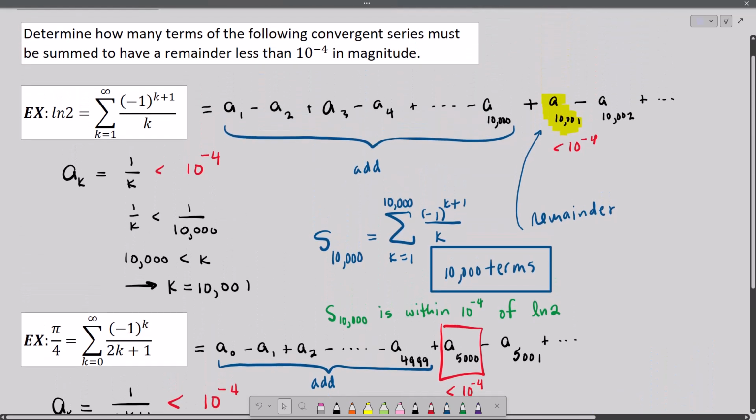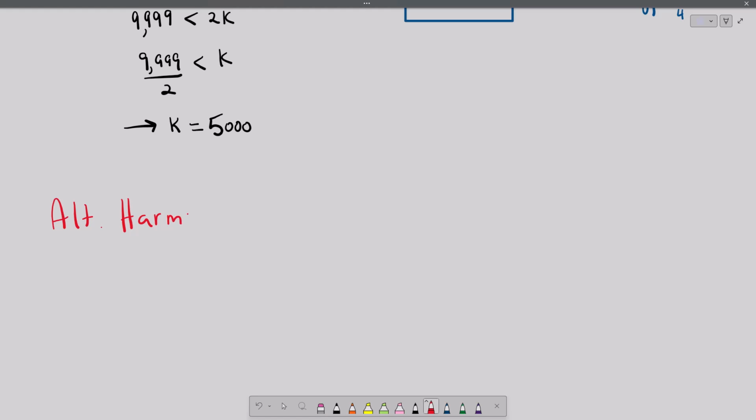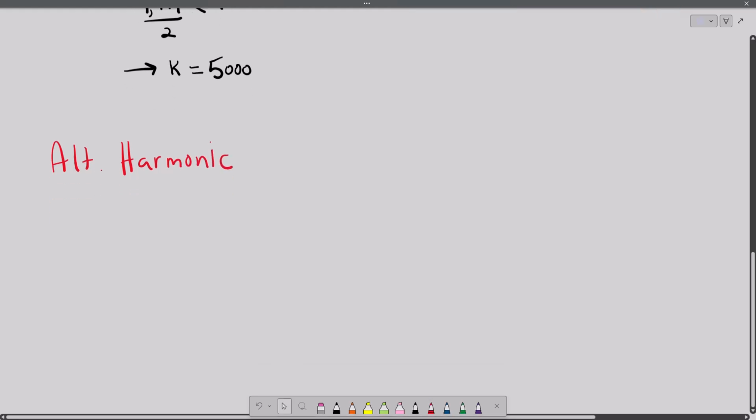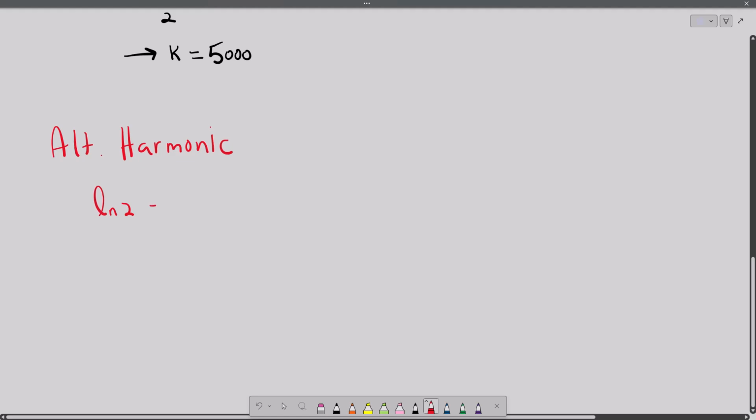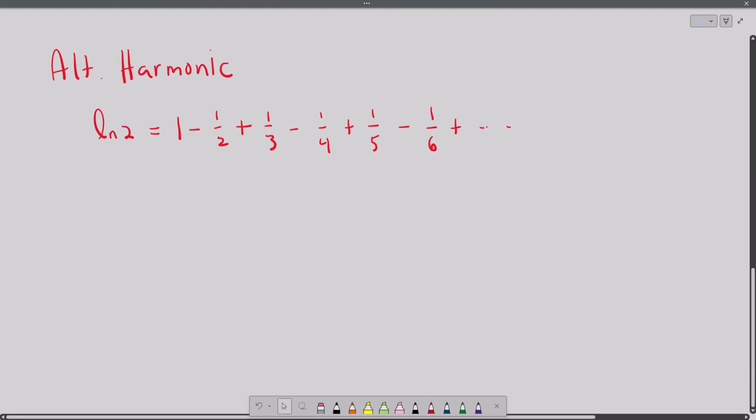Now, this is the alternating harmonic right here. Let's put some words to this just to make sure we're getting it. So the alternating harmonic, natural log of 2, is equal to 1 minus a half plus a third minus a fourth plus a fifth minus a sixth, etc. And that converges to natural log of 2.